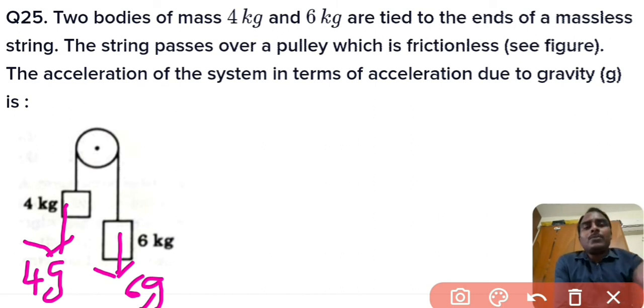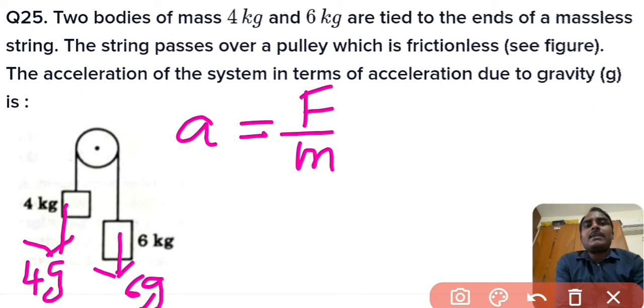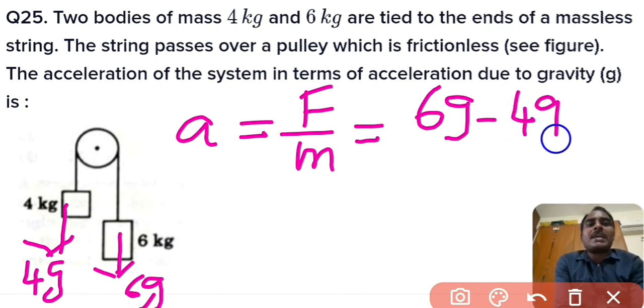So from Newton's second law, F equals ma, a can be written as F by m. So here we can take, on the left-hand side 4g is acting, on the right-hand side 6g is acting. So the total net pulling force can be written as 6g minus 4g, because both are acting in opposite directions, divided by the total mass 4 plus 6.